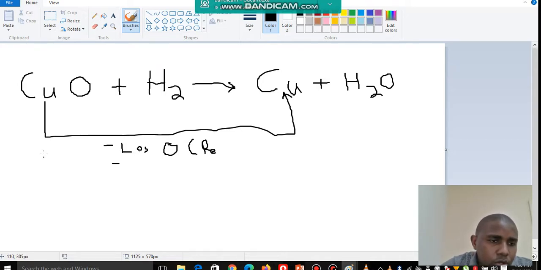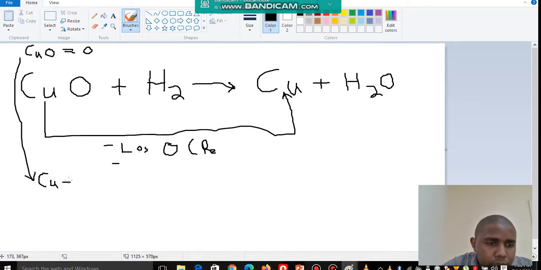So copper oxide has the oxidation state of 0, but oxygen's combining power, its oxidation state, is -2. So if you need to find out the oxidation state of copper, you have to do a simple mathematical calculation, which requires you to make copper the subject in terms of oxidation state. So this is the expression.